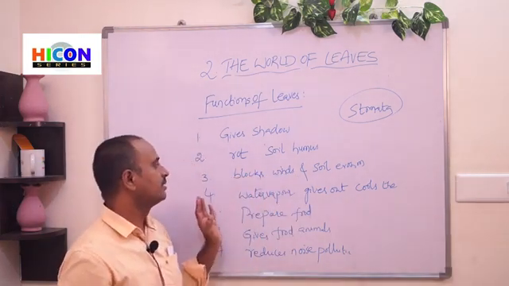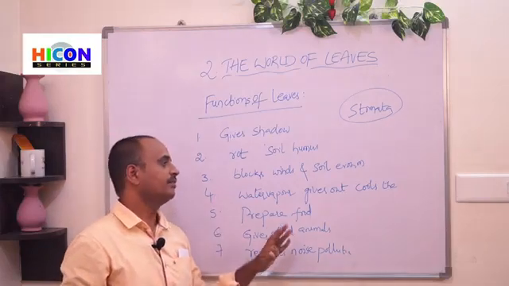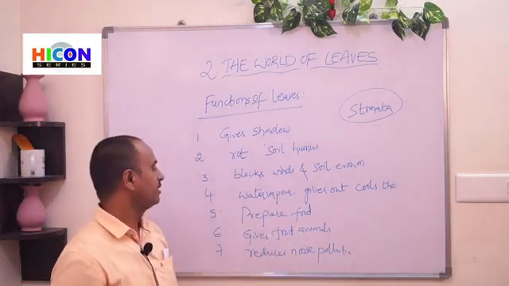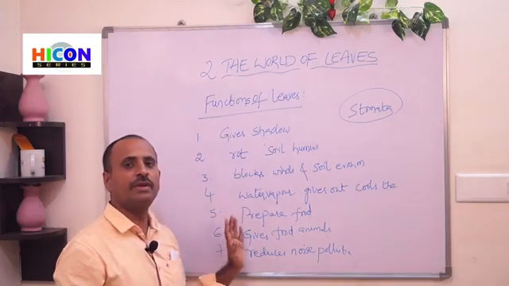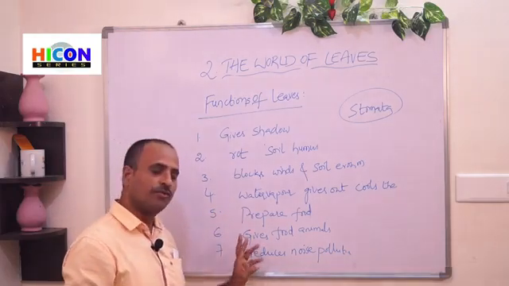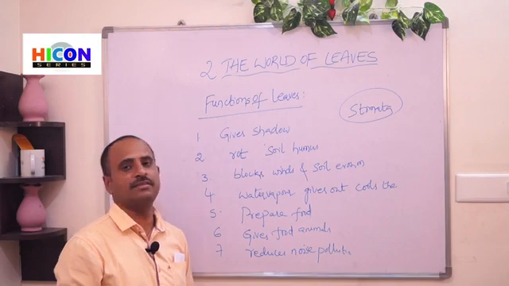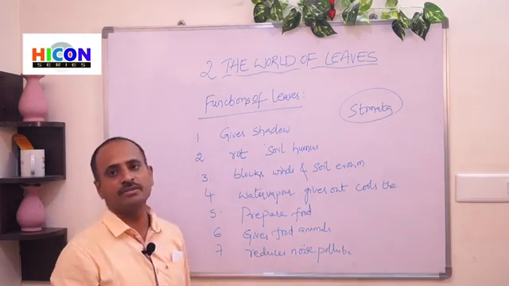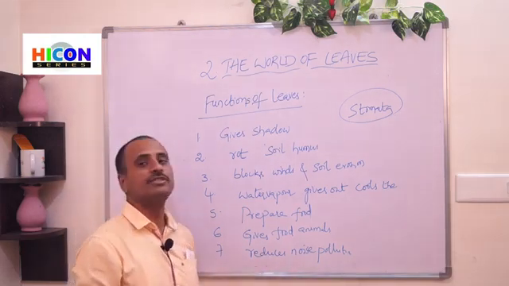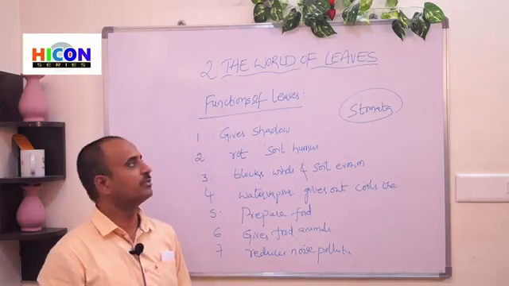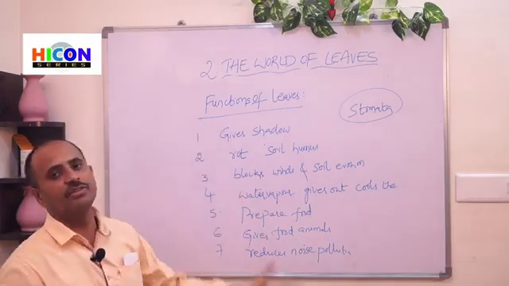Another one is that they give out water vapor, which cools the surrounding environment. Another one is that they prepare food for the plant. And they give food for the plant eaters, that means herbivorous animals. And another one is reducing noise pollution in our surroundings. So children, these are the functions of the leaves.